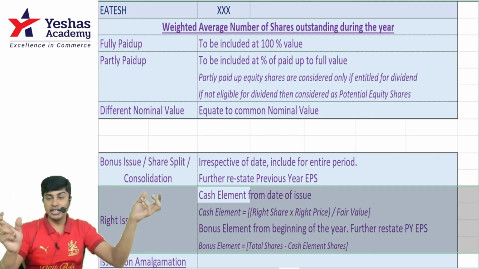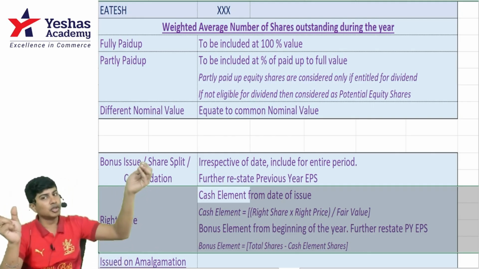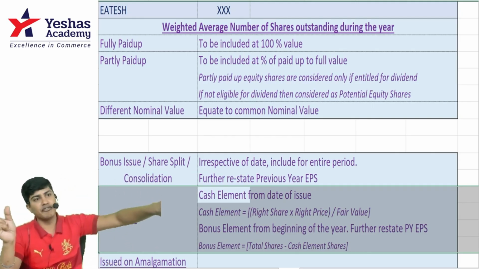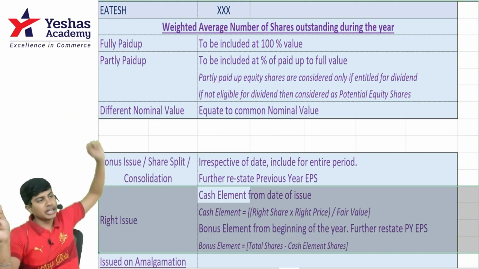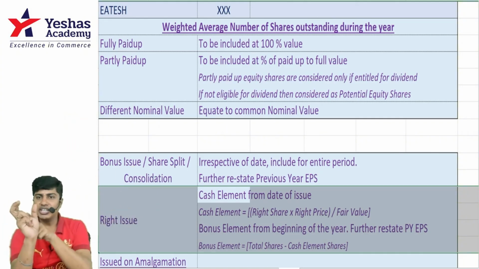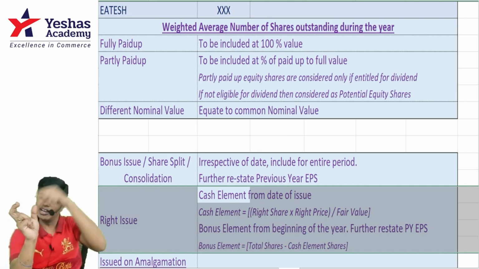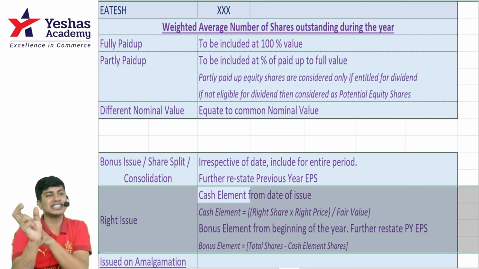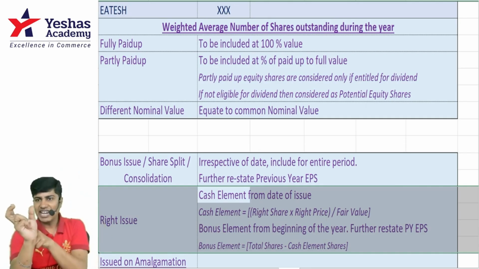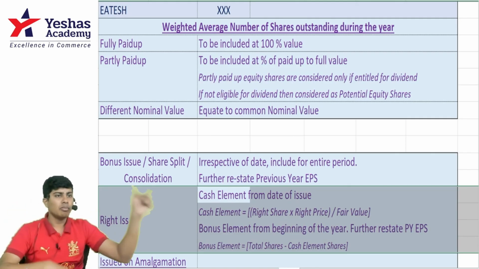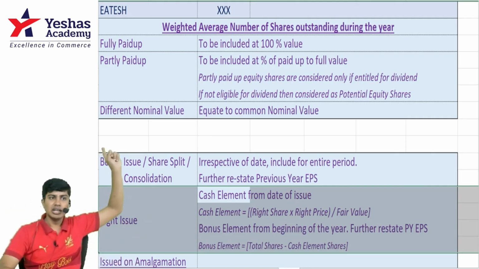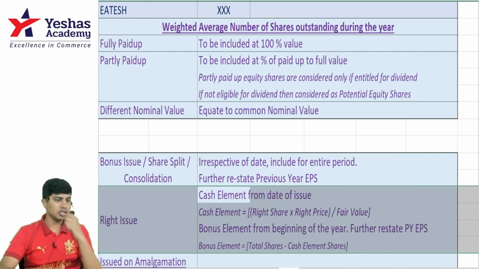Free shares are to be treated like bonus, meaning it should be taken irrespective of the date of issue from the earliest reporting date possible. However, these shares which are given for cash will be taken from the date of right exercise. Cash element from the date of exercising, bonus element from the beginning, earliest reporting date possible.